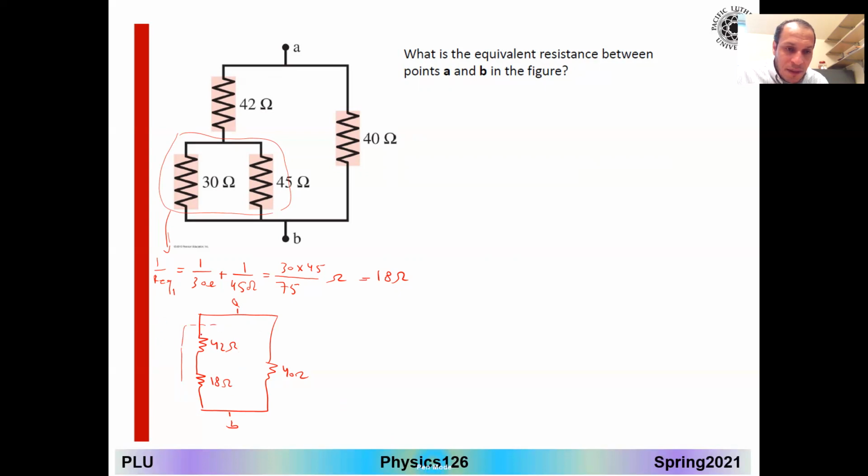So I will go this way. In this one here, I have series. So 42 plus 18 will be 60. So I end up with this resistor in parallel.